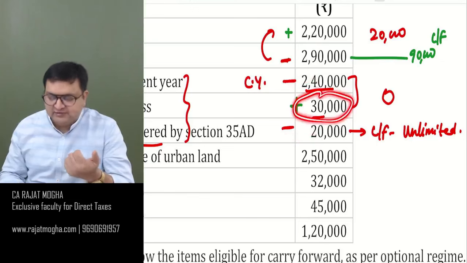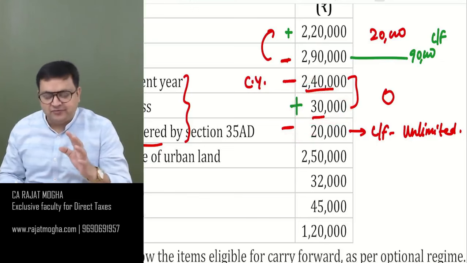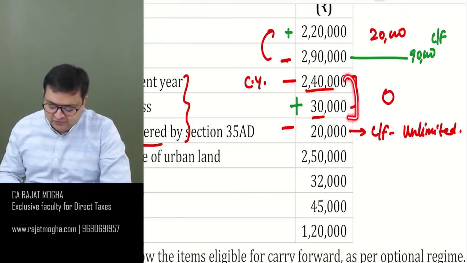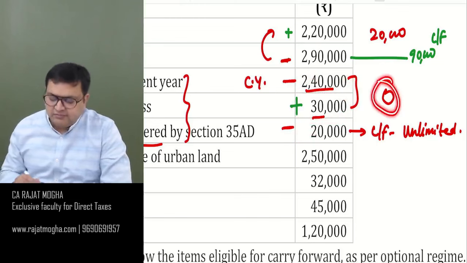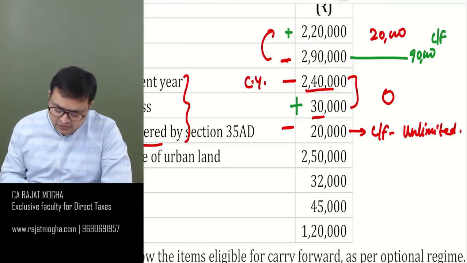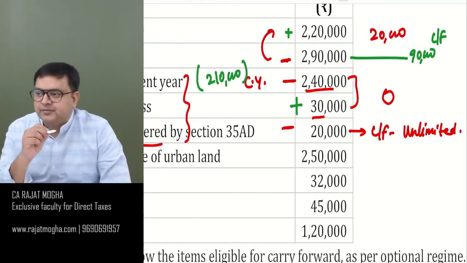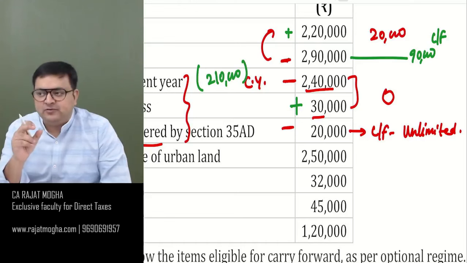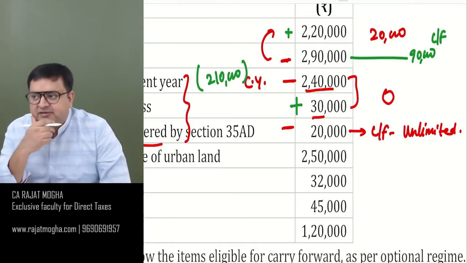And this 30,000 is the only profit, and that too has been set off. So this is now used in set off. My PGBP is giving me 0. And still how much is left? 2,10,000. Everybody agree? 2,10,000 is left in PGBP losses. Now what I'll do of this 2,10,000, guys? What I'll do? This is left. What I'll do?